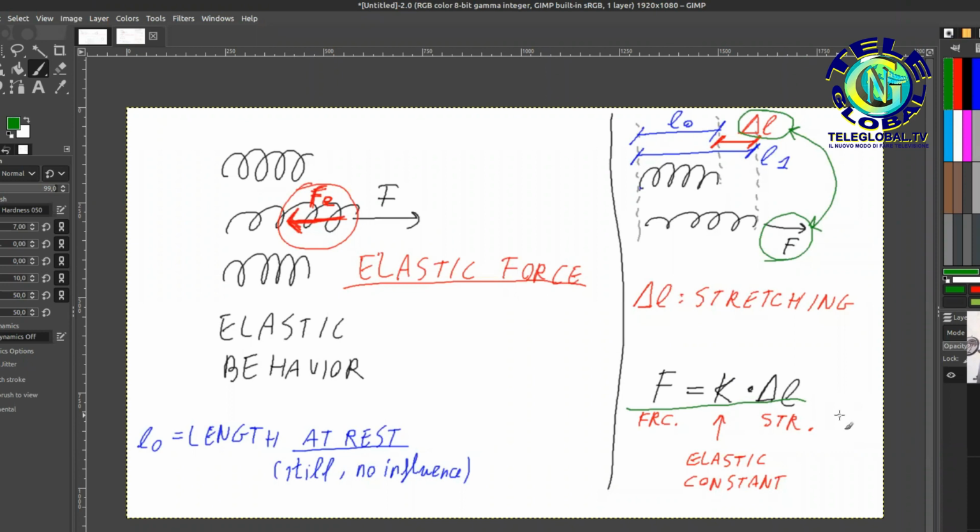It's actually familiar, but not in this form. Maybe another thing instead of K or delta L, another name in English. That's what I think. But about the delta L, I didn't hear about it before. Okay.